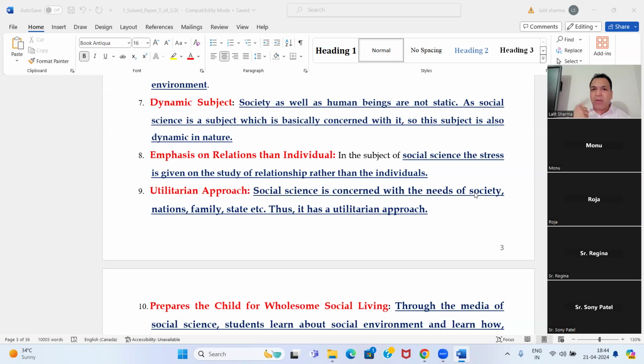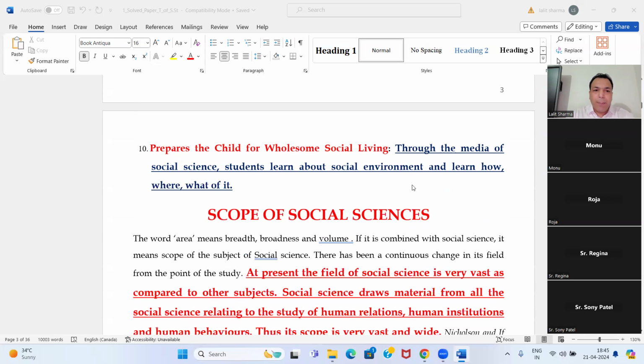Why does the student forget the content? Because of the teacher, because the concept is not clear to the teacher. When the teacher has the application and in-depth knowledge of the subject being taught, always remember, the student can retain that information for a long time.